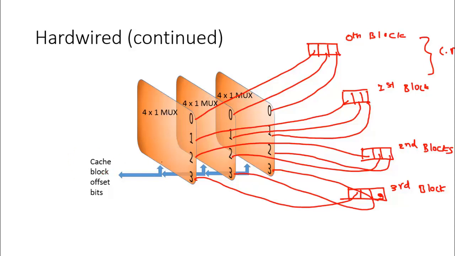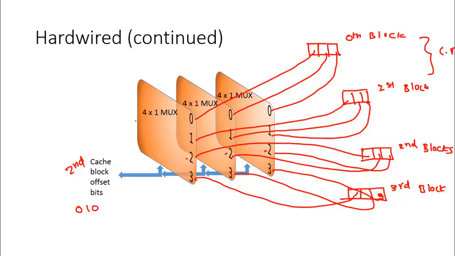If I'm searching for the second block, my cache block offset bits would be 0 1 0, and that will enable this, this and this input.